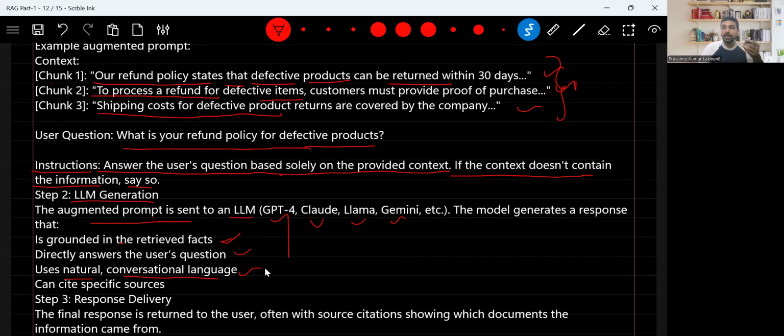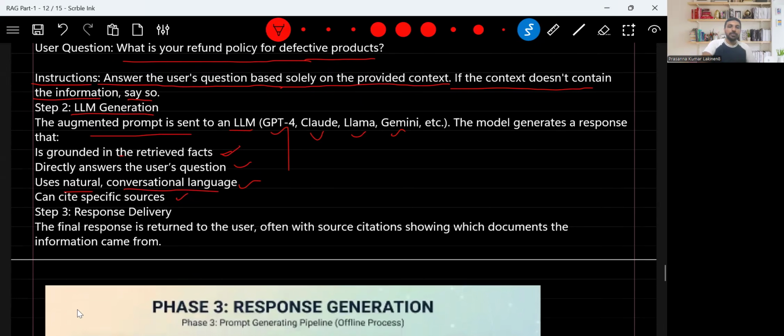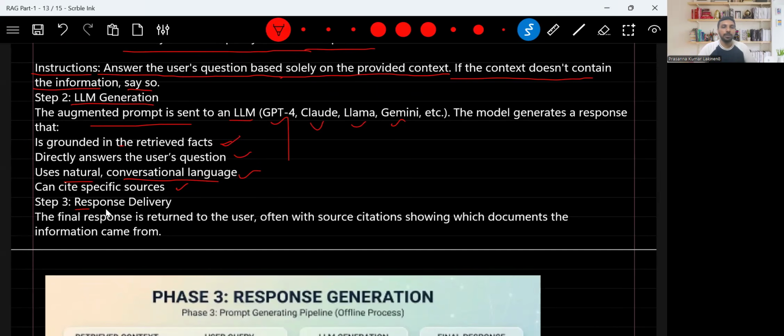It will give you the answer in terms of natural language conversation. It can cite specific sources, and finally the response will be delivered. The final response is returned to the user, often with source citations showing which documents the information came from.